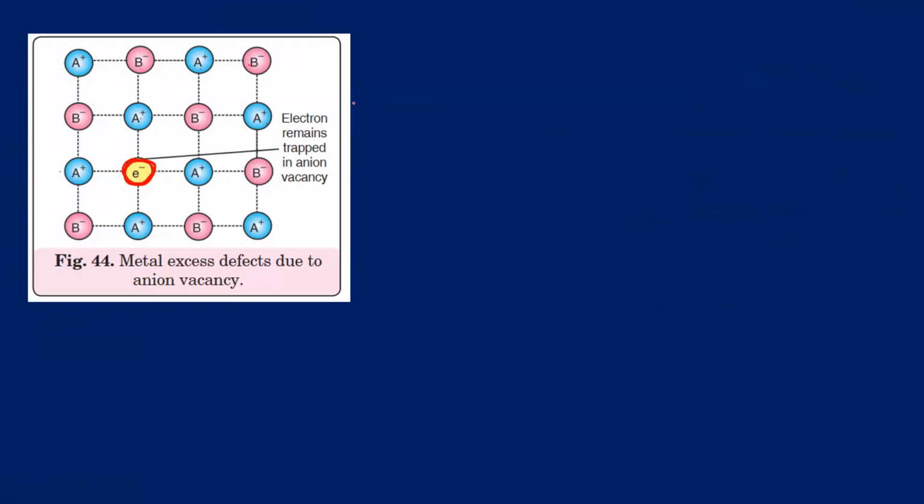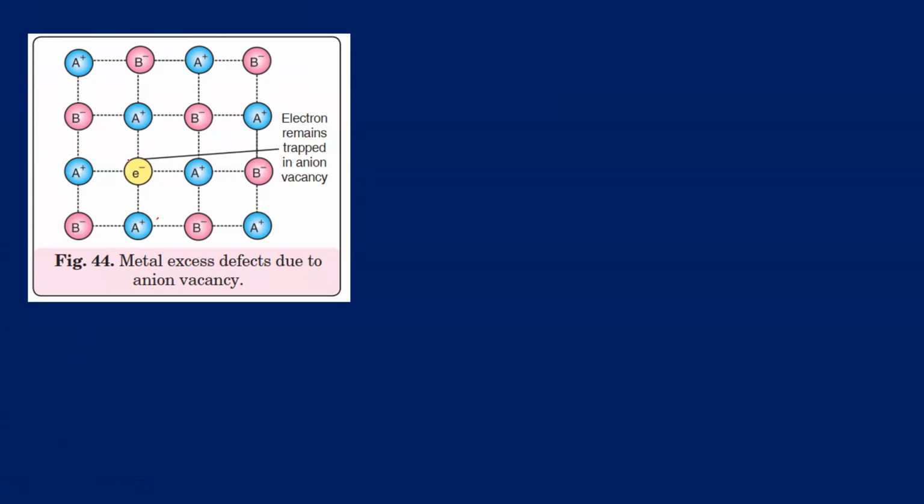Who will tell me why is the electron present here? Why do we have the electron here? To make it stable. Yeah, correct. To maintain the charge, to balance the charge. Here there should be B negative, but instead we have an electron, which is negatively charged. So we are balancing the charge.